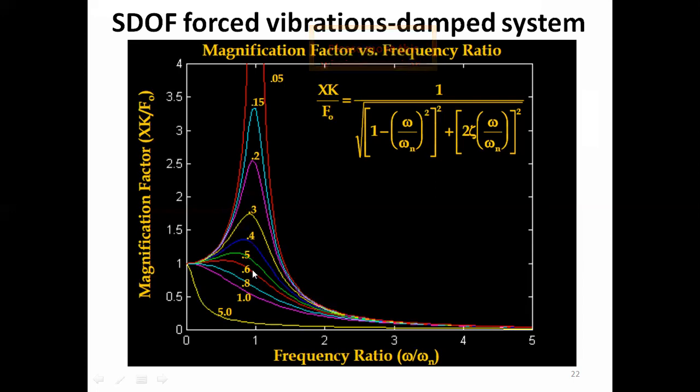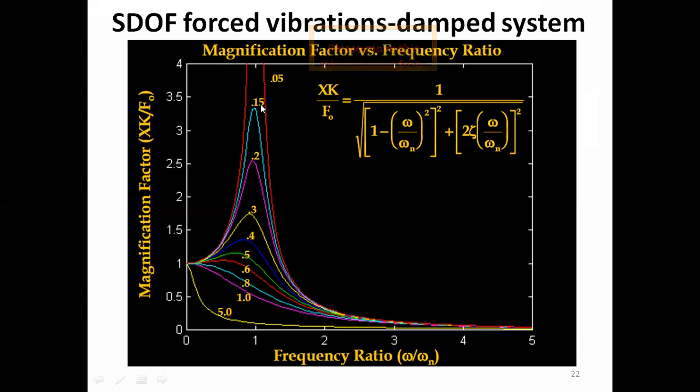So physically, if you have a system and your system is vibrating violently at the resonance, and you want to decrease the amplitude of vibration at the resonance, you have to increase damping in the system. In other words, the damping in the system would control the amplitude of your system at the resonance.